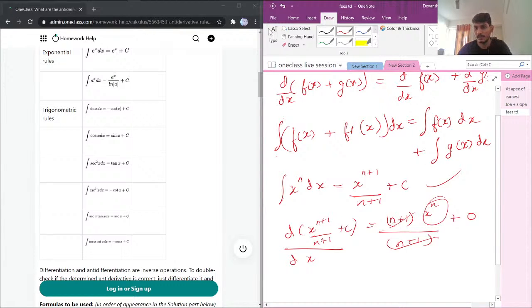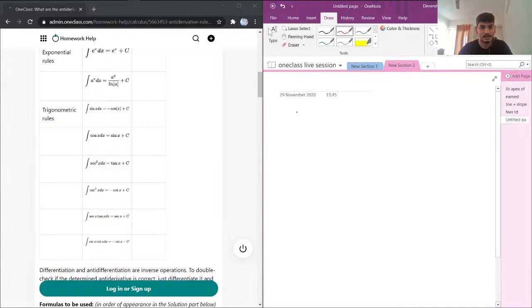So the integral of a power x dx equals a power x over ln of a plus c. So I'll just take the derivative of this term. For a power x, I need to basically take the log of this.